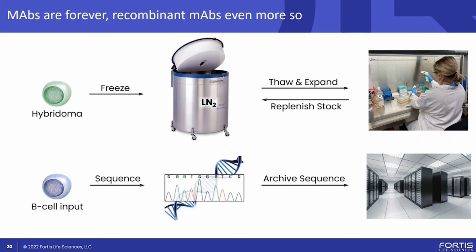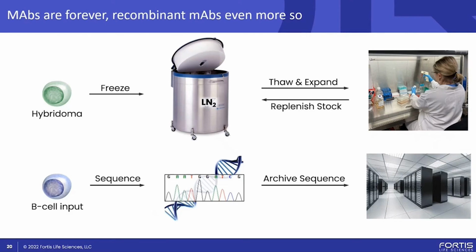So the hybridoma itself has to be stored. They're stored in liquid nitrogen or vapor phase nitrogen. In order to maintain those stocks, you often have to thaw them and expand them and then refreeze them. And so you have to deal with a physical inventory.